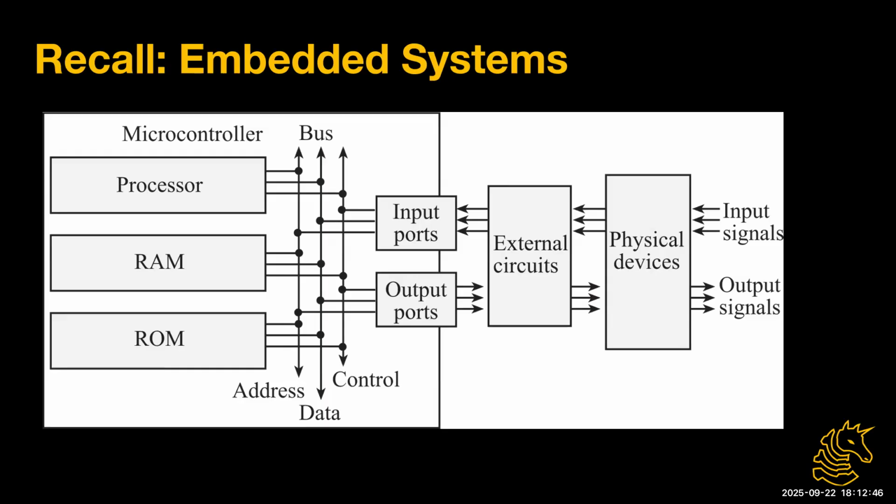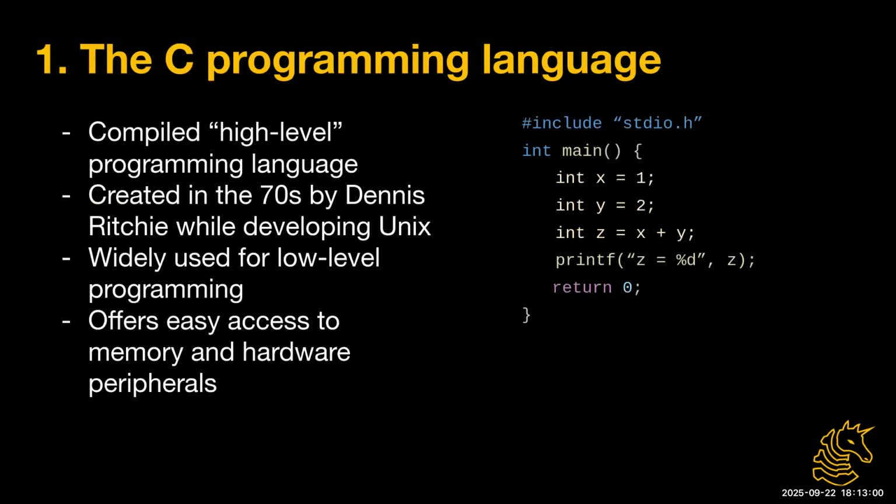Before we move on, does anybody have any questions about what an embedded system is or why we care about that? Okay, perfect. So embedded systems we program usually at a very low level. An ideal language for doing that is the C programming language.